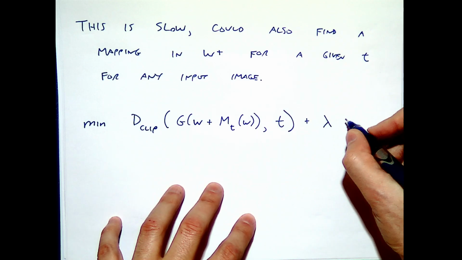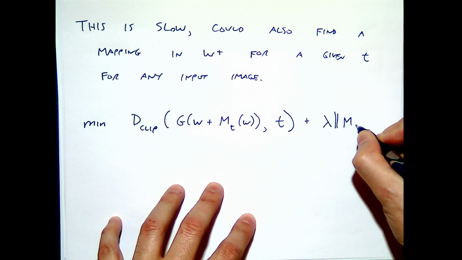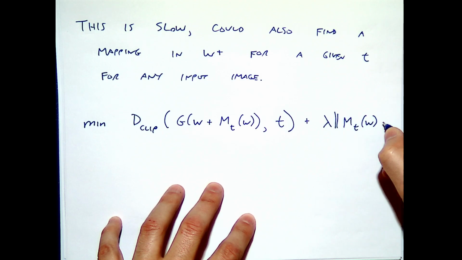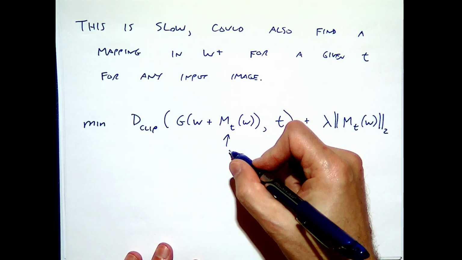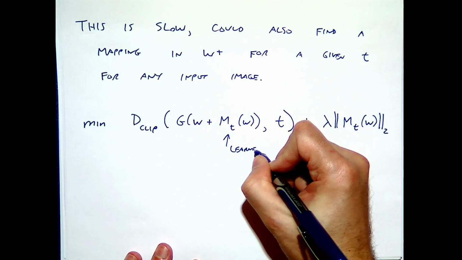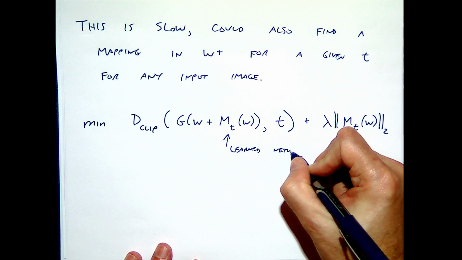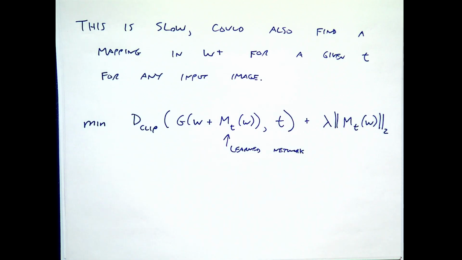And then I want to minimize the amount of change I'm making in the space, right? So it's like saying, I want to learn a neural network, a network for direction t. And so if you have these common directions like curly hair and so on, I could learn this and I could apply it to any image, right?